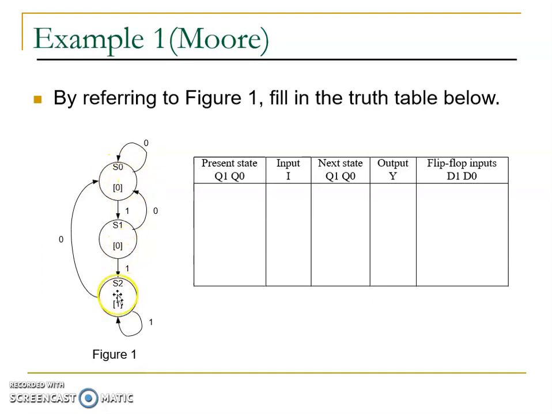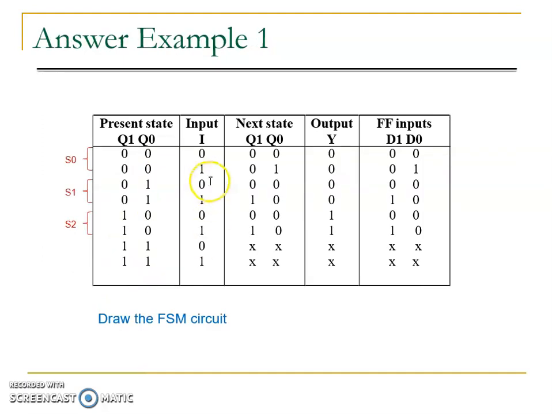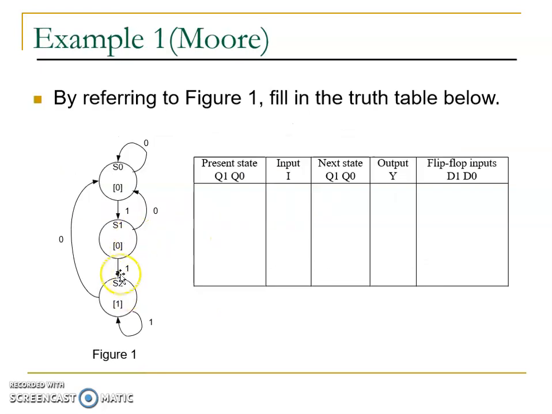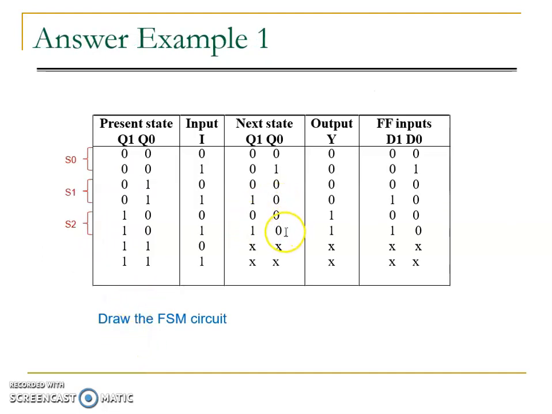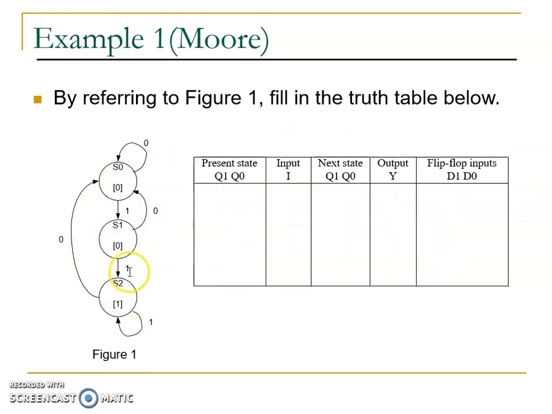Input 1, 1, 0. Same goes to S2, 0, 0 and 1, 0. And for the present state 1, 1 is don't care because it doesn't exist in this diagram.